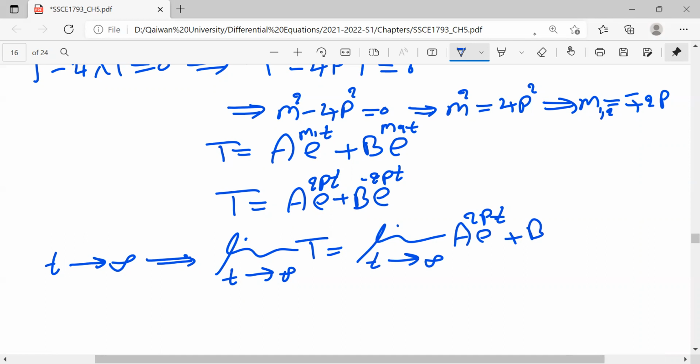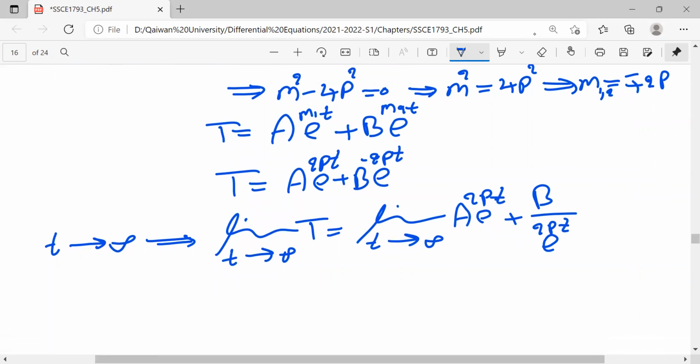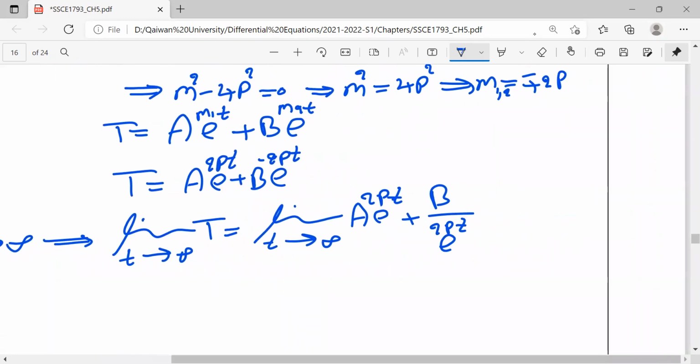This is negative 2pt, so we return it to the denominator to become a positive exponent. Now, if we put infinity for t, what do we get?